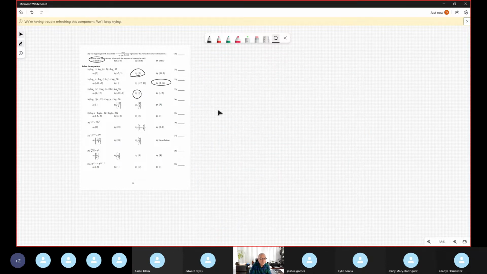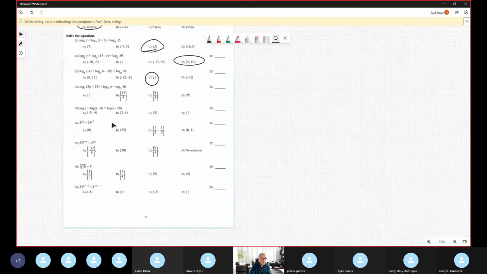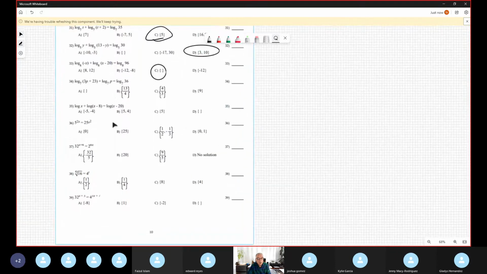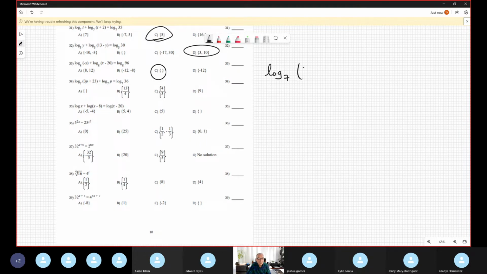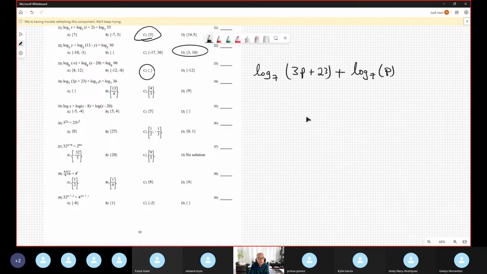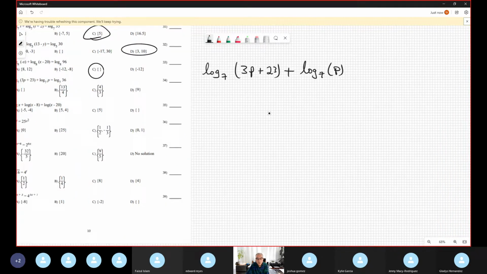34 is, okay, it's weird. It's logarithm base 7 of 3p plus 23 plus logarithm base 7 of p, and p is the variable, is equal to logarithm base 7 of 36.